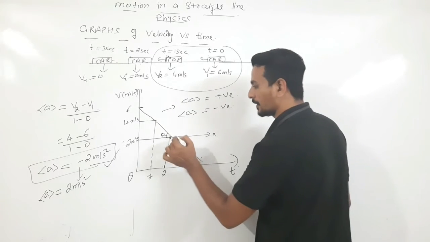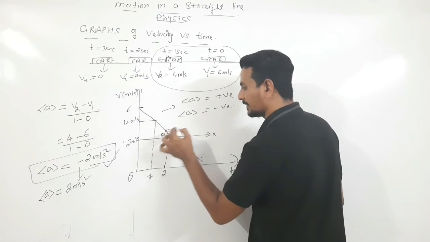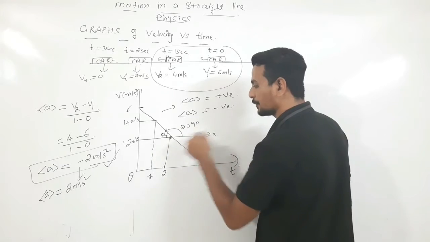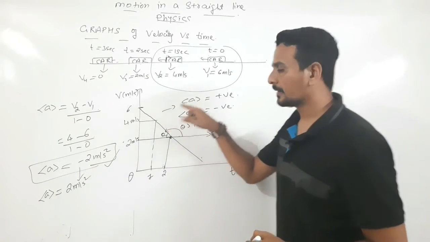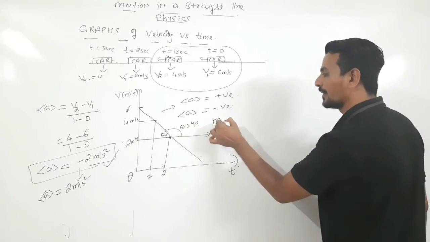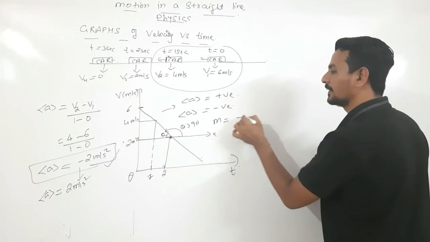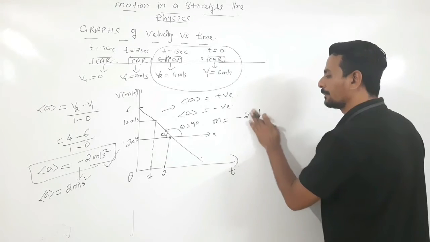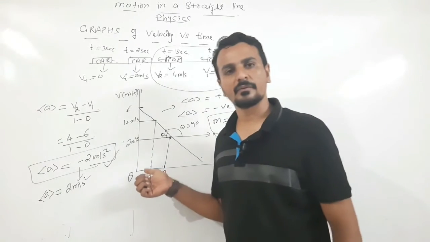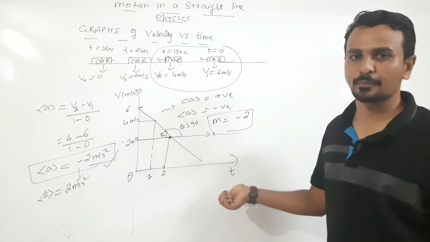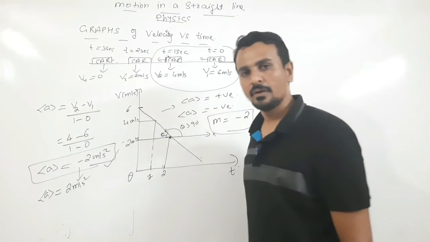So for this particular graph, theta is definitely greater than 90 if we take it from the x-axis. So the slope, which will give me the acceleration, will be negative. So slope will be -2. So this represents once again uniformly accelerated motion but negative, right?